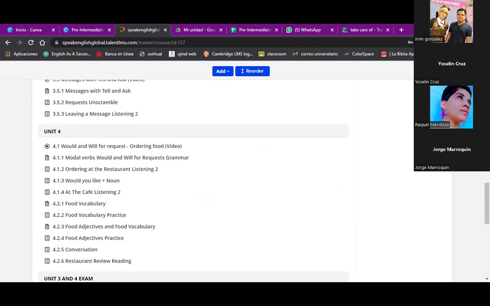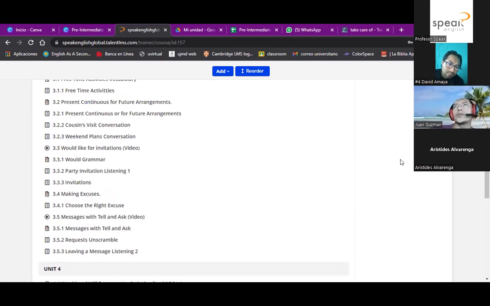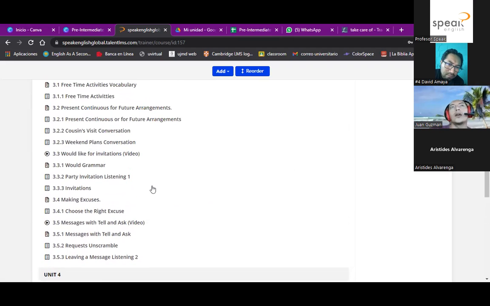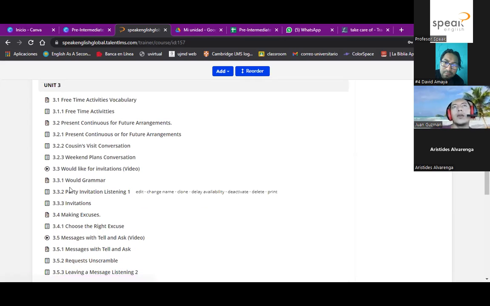No, teacher. I just had a question about unit 3.2.3. I tried to do this, but a message appeared below the instructions line and says you don't have permission to view this file.